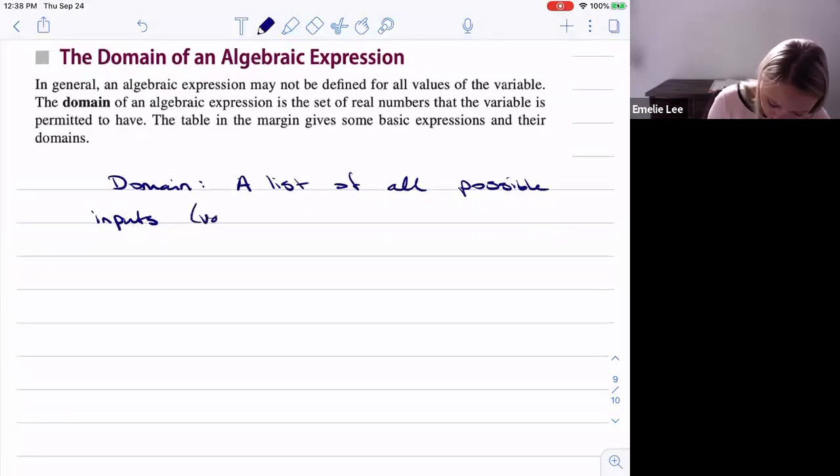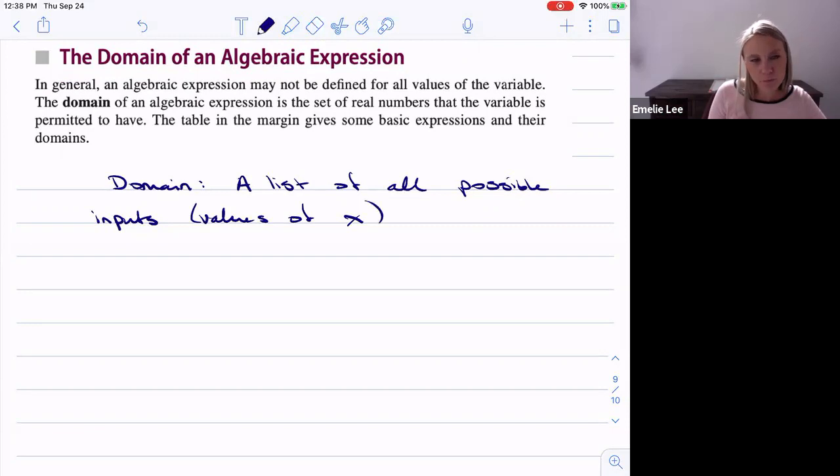Which are often values of x. But as we'll see, the variable isn't necessarily x. It can be y, it can be t, it can be s. But just in general, we talk about x.